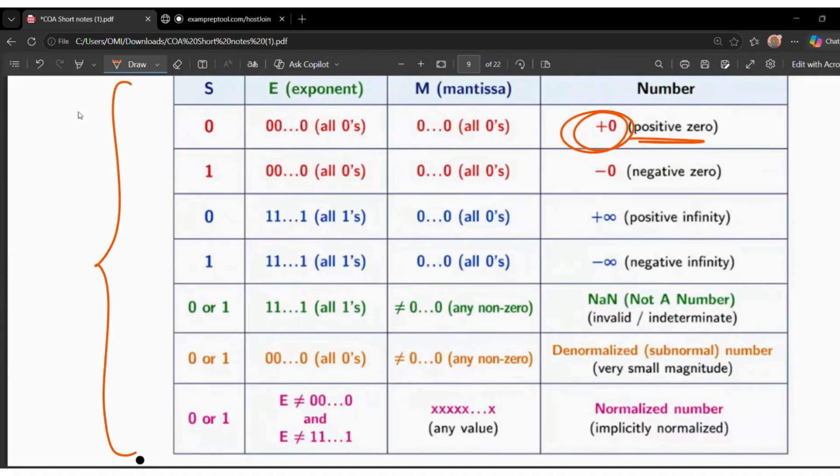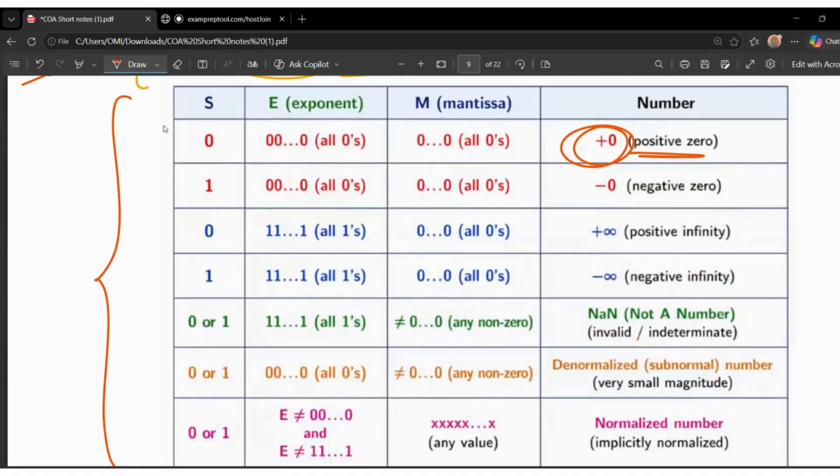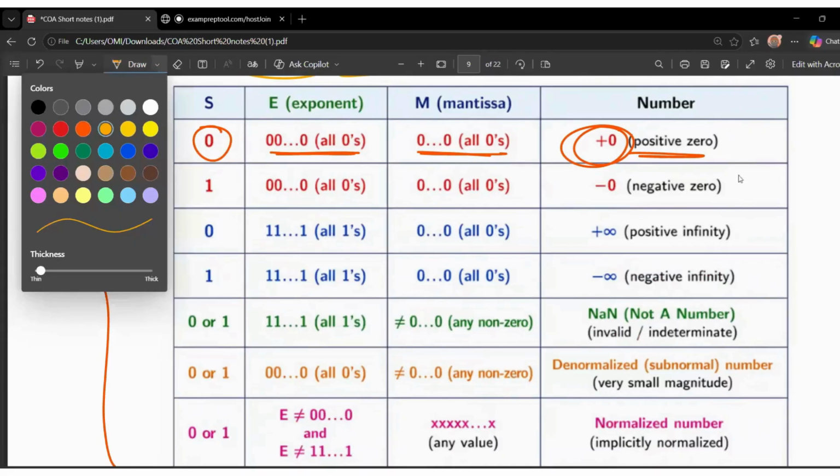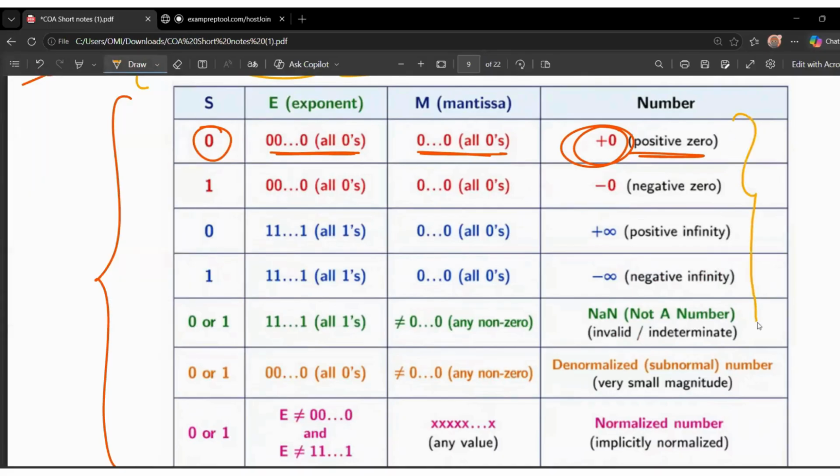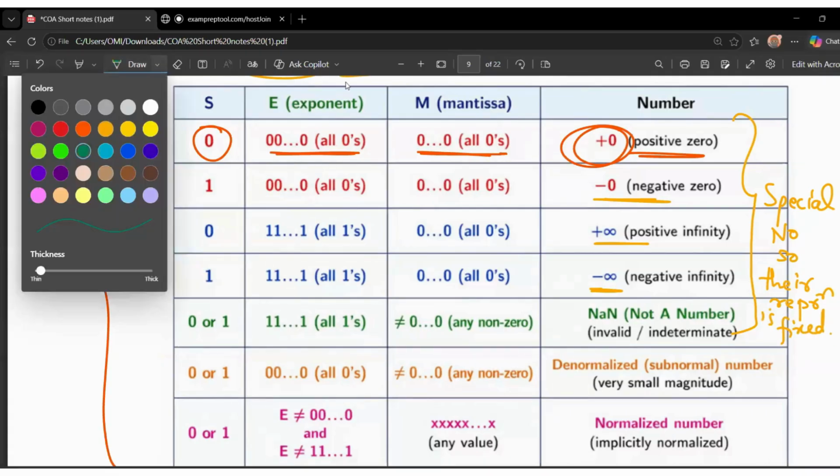Sign zero, exponent all zeros, mantissa all zeros. Then negative zero, positive infinity, negative infinity. These are the special numbers, and their representation is fixed.